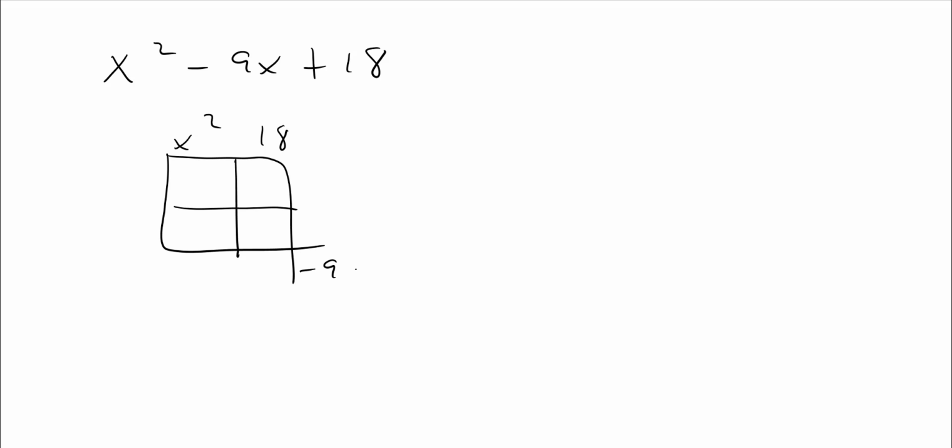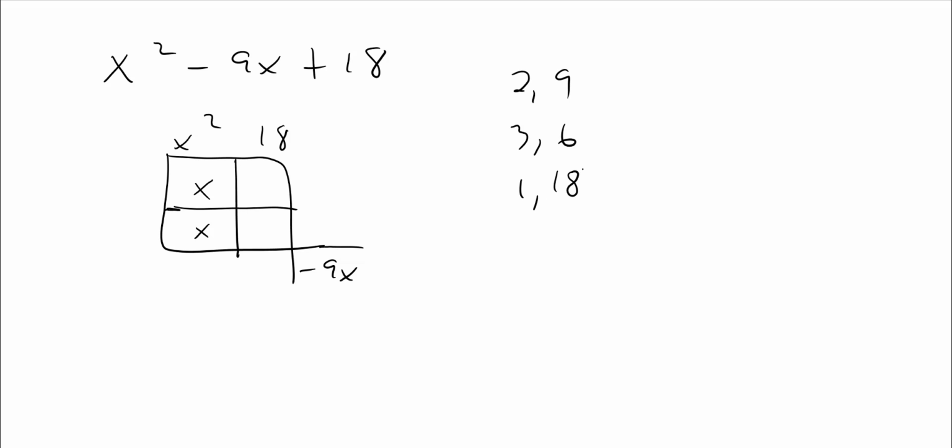I'm going to put my negative 9x here. Okay, so this is x and x. And then you say, well, what multiplies to give you 18? Okay, so you got a bunch of different things. You got 2 and 9. You got 3 and 6. You have 1 and 18. So there are 3 combinations to give you 18.